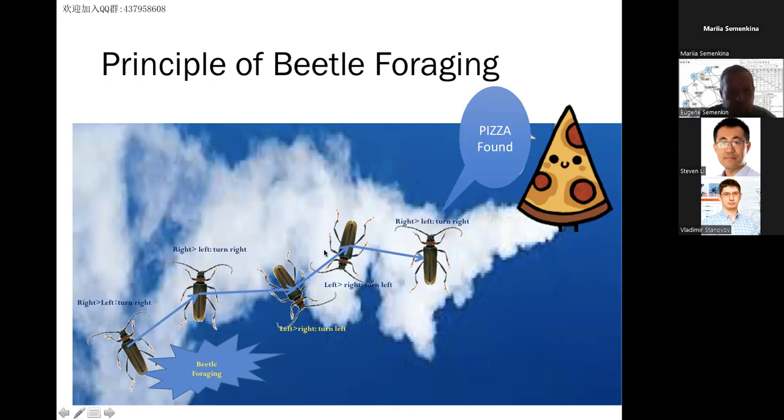Because the beetle cannot see the pizza, it needs to use its antennas to smell locally, which is kind of like taking samples of the smell from local space and gradually finding a trace to approach the pizza, which is the global optimal value.